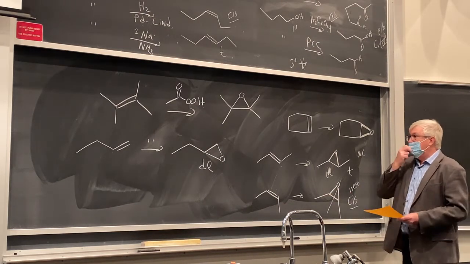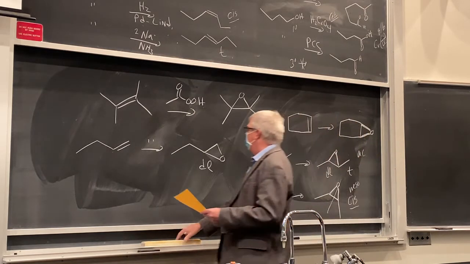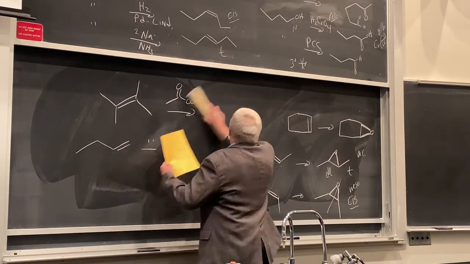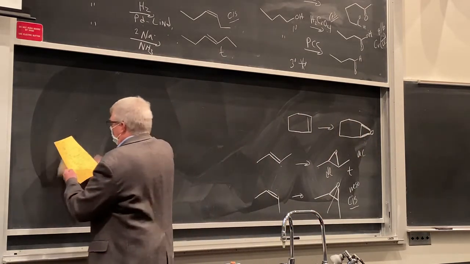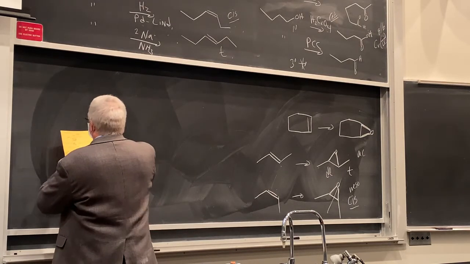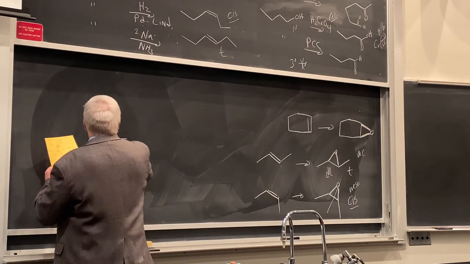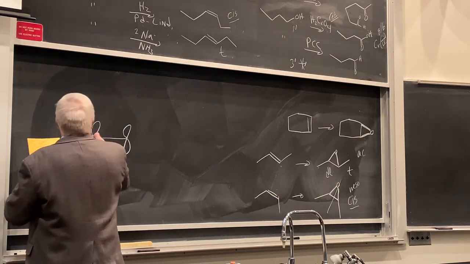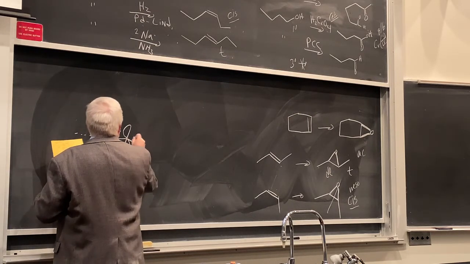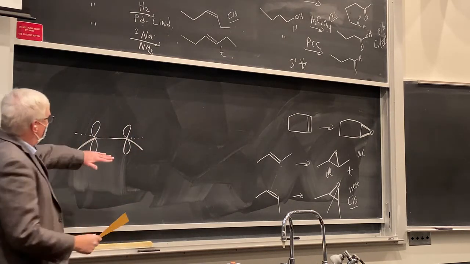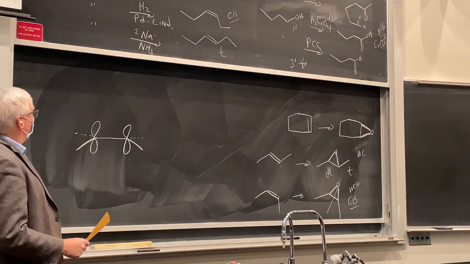So let's see. How can we come up with a mechanism here that accounts for these observations? Okay, so let's have our alkene here, and whatever we have on there. So we're looking at kind of a sideways view of the alkene, right?